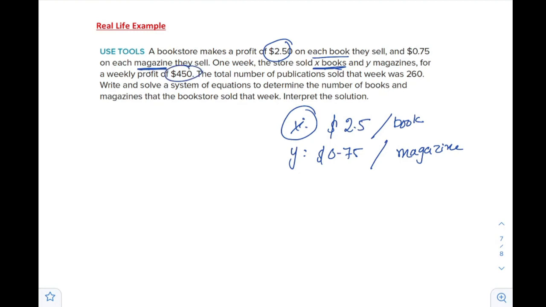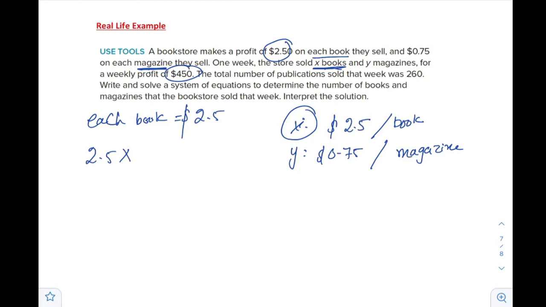So the profit comes from where? The profit comes from selling the books and the magazines. Each book is sold أو has a profit of $2.5. كل كتاب عليه ربح $2.5. فإذا بعنا X كتب, if we sell X books, so the total profit coming from the books is 2.5x.